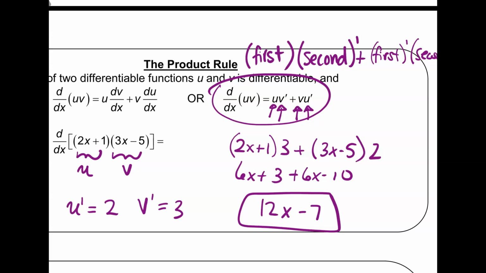What will you eat for Halloween? Is that your question? You think I'm gonna be the product rule? Oh, obviously. If you look on the back, it has the product rule for you.